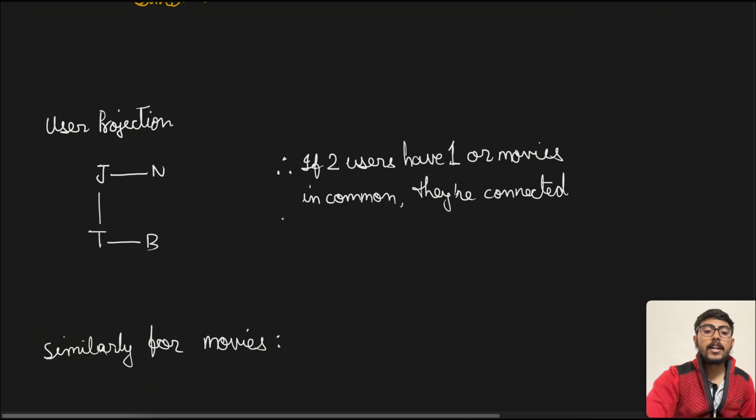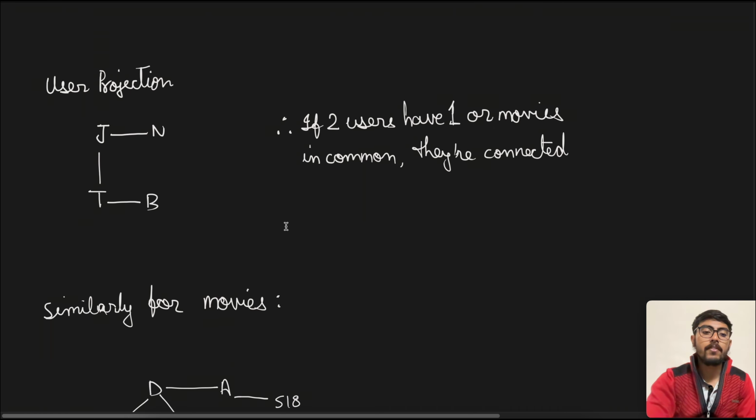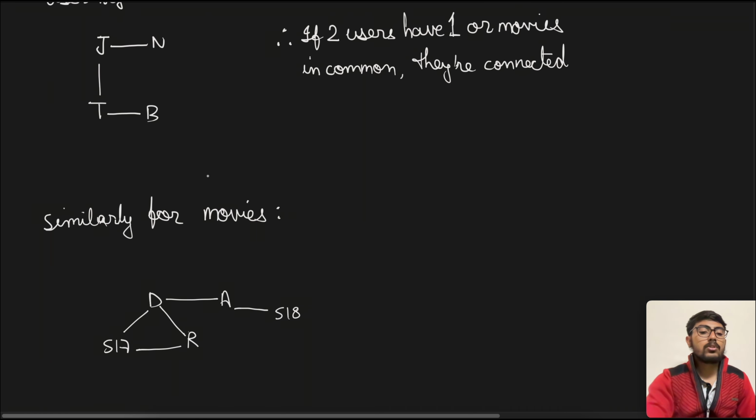Similarly, we can get an idea that for movies, this projection connects the movies based on the users who rented them. So if two movies are rented by the same users, their projection is strengthened, indicating a potential recommendation link between those two movies. So here is the graph that we'll have for the movies projection.